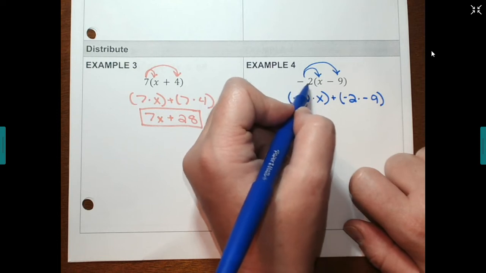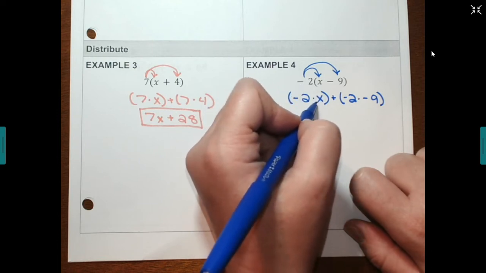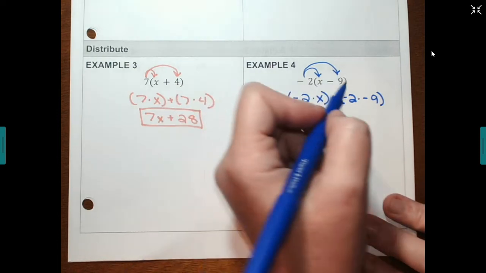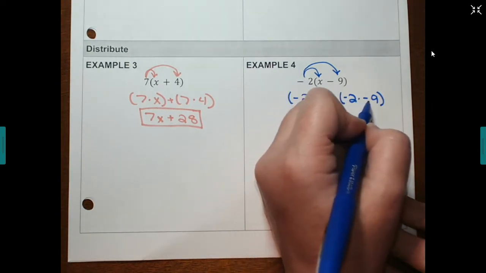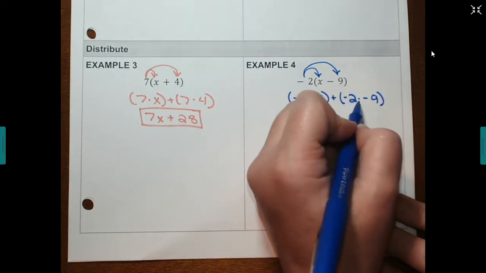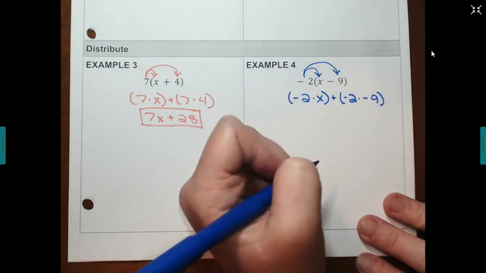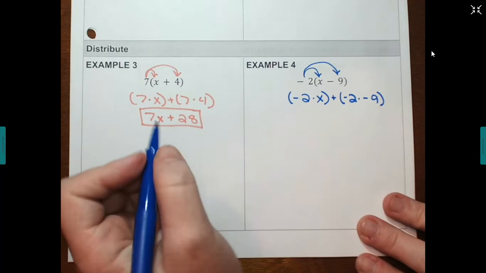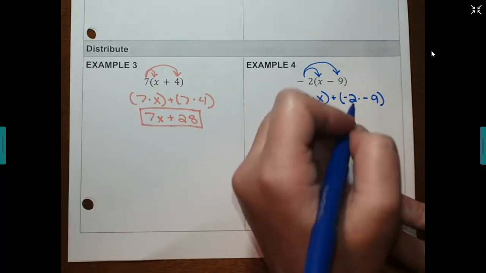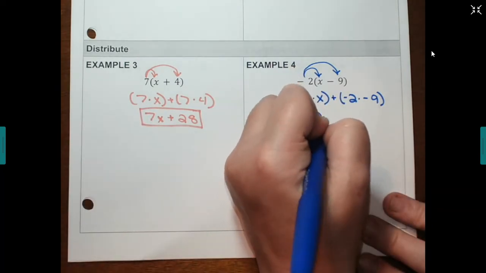So here we have a negative 2 and a positive x, negative 2, positive x. Good stuff. Here we have a negative 2 and a negative 9, negative 2 times negative 9. Okay. Negative 2 times x, just like 7 times x is 7x, this is negative 2x.